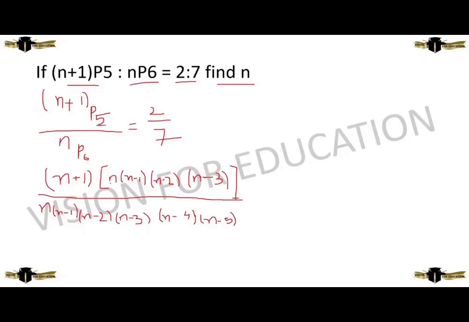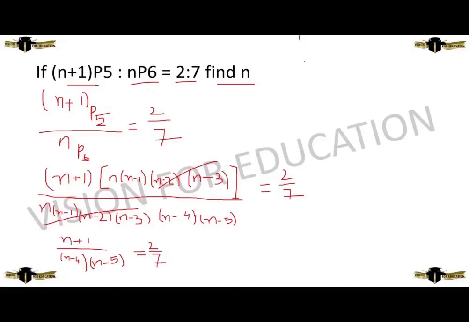Here the r value is 5, so we write up to n minus 3, that is n into n minus 1 into n minus 2 into n minus 3, and here the r value is 6, so we write till n minus 5. n into n minus 1 into n minus 2 into n minus 3 is cancelled in numerator and denominator. This is equal to 2/7. We get (n plus 1) by (n minus 4) into (n minus 5), equal to 2/7.